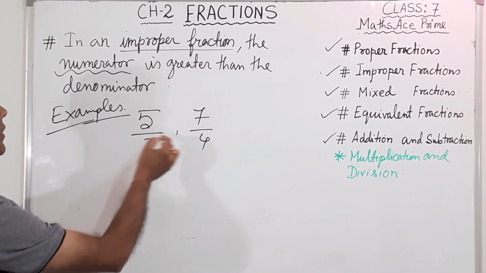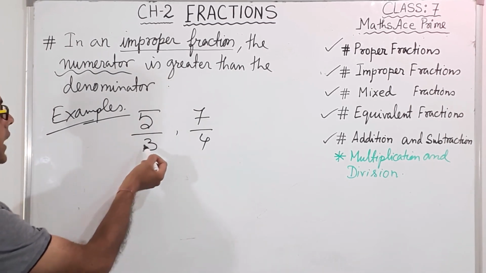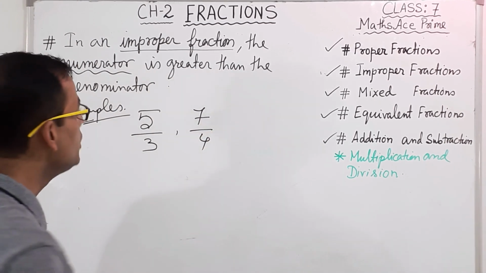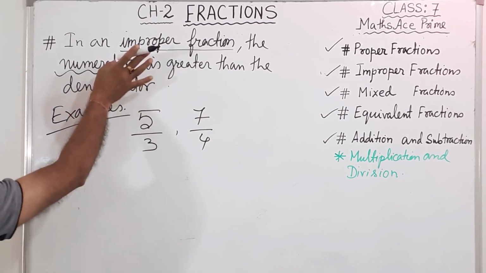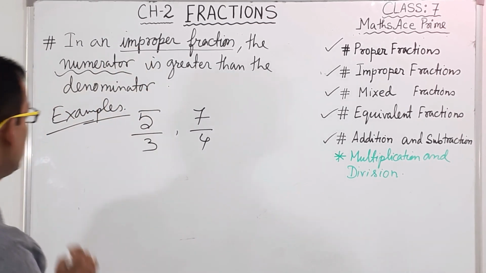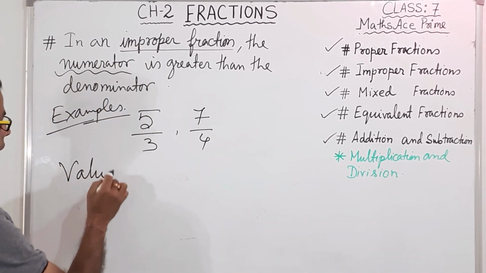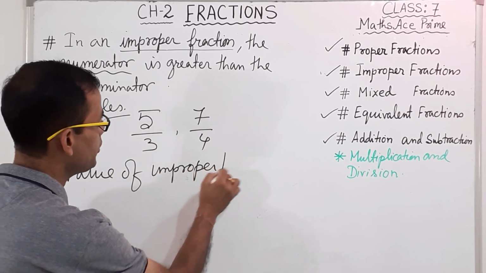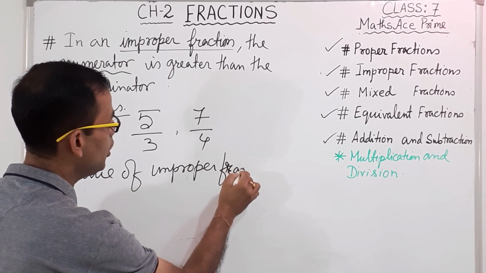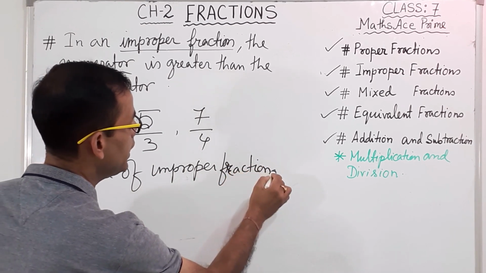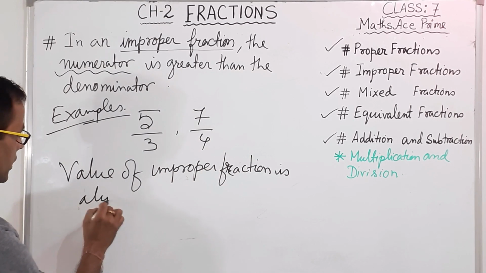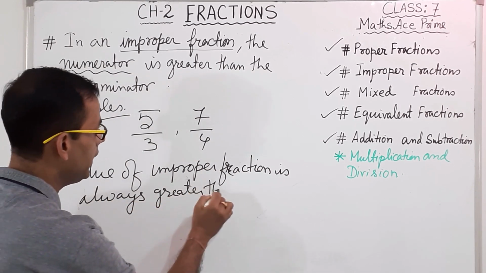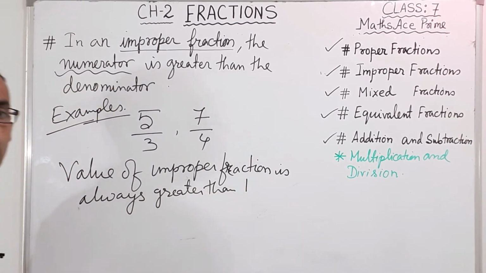You can see here this numerator is bigger than the denominator, and here also the numerator is bigger than the denominator. So these are known as improper fractions. And the value of an improper fraction is always greater than 1.